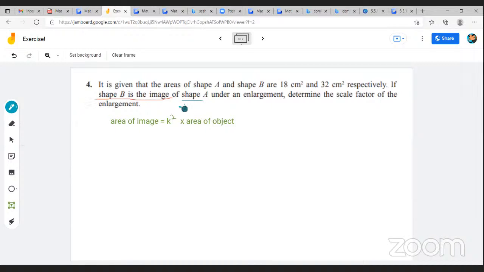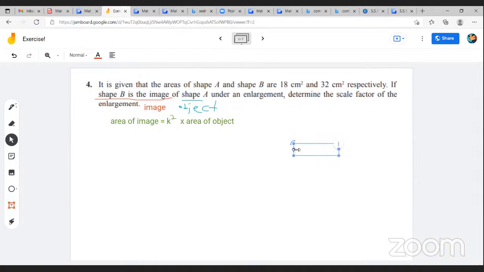Does that make sense? Yeah, sorry, I didn't read the question just now. It's okay. So shape B is the image, shape A is the object.